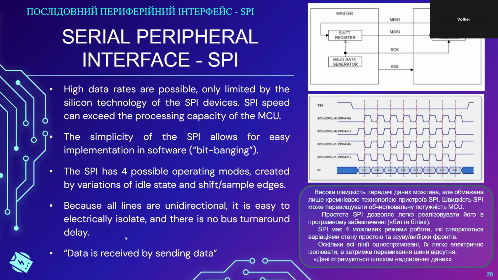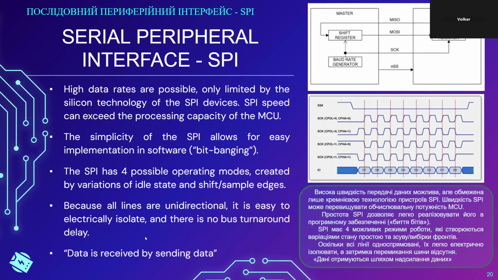Next item, because all lines are unidirectional, it is easy to electrically isolate with optocouplers. And there is no bus turnaround delay. Unlike with a bidirectional or a half duplex line, both lines are just going into one direction.